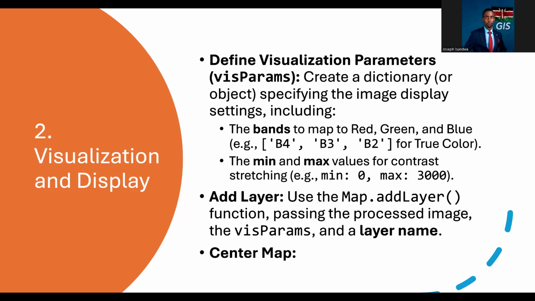And of course, you remember to add the visualization parameters so that it has the preferred styling that you want. Then another final thing that we can have on our map is the center map. This is where you specify where you want your map to be centered.